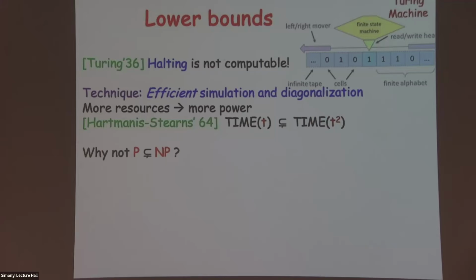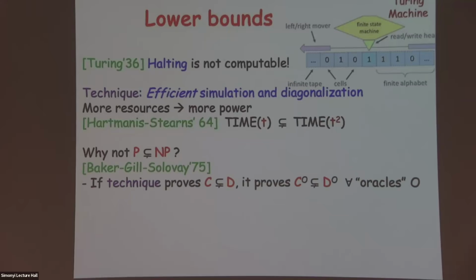And so you can ask yourself, okay, we have a technique, why can't it prove that P is different than NP? And that's not obvious. An answer to this came from Baker, Gill, and Solovay, and they had the idea, again an idea of Turing, of adding oracles to algorithms. They said that something particular about this technique allows the following.